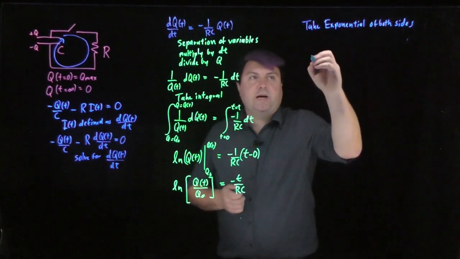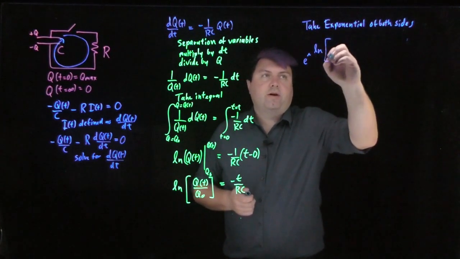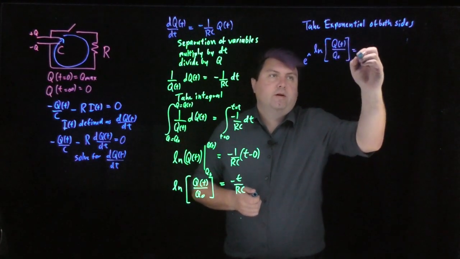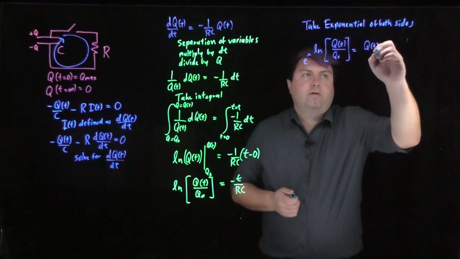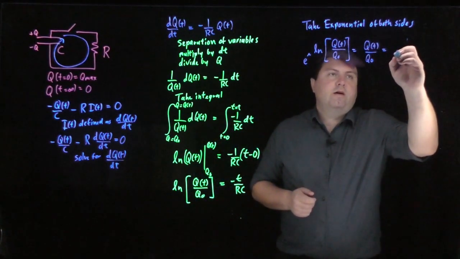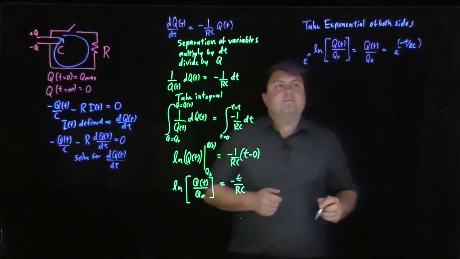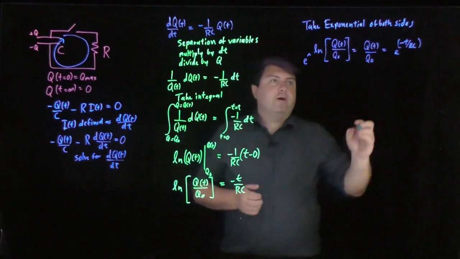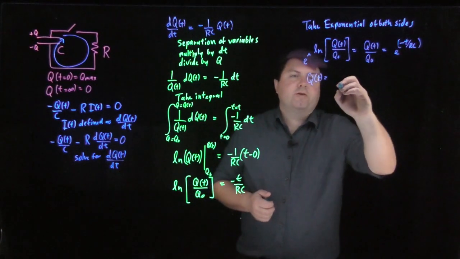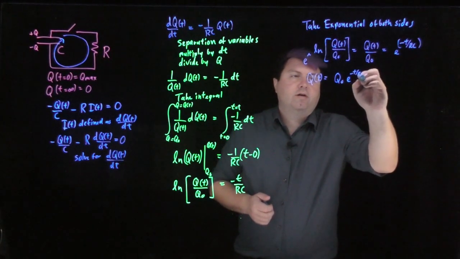Taking the exponential of both sides will give me e to the natural log of Q(t) over Q naught is just equal to Q(t) over Q naught, which is then equal to e to the negative t over RC. So one last little step to go. We've got charge as a function of time, multiplying both sides by Q naught: Q(t) equals Q naught e to the negative t over RC.